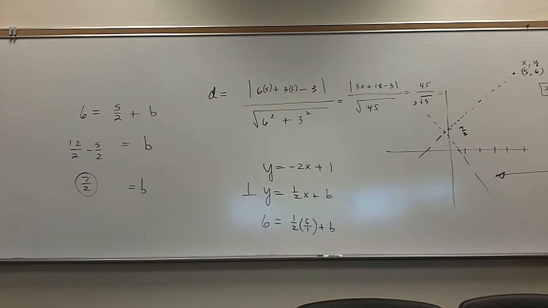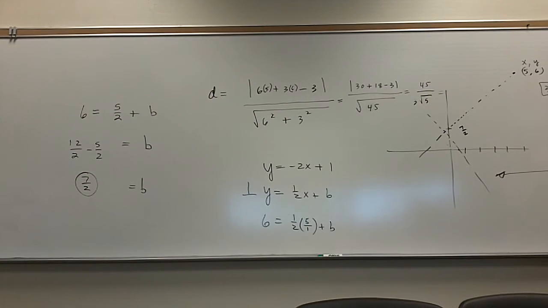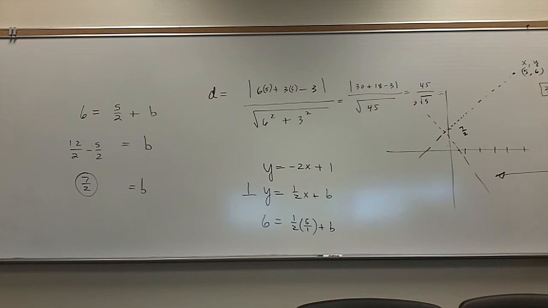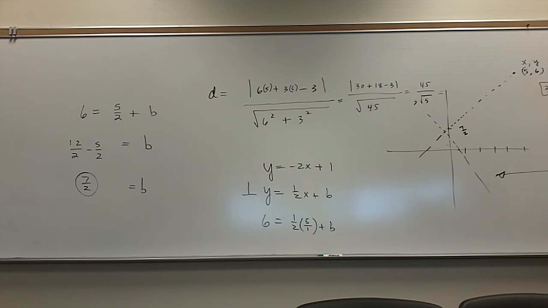But what's nice is when they make up some really nice ones that cross each other at integers. It's really neat to know that. Everybody see this?